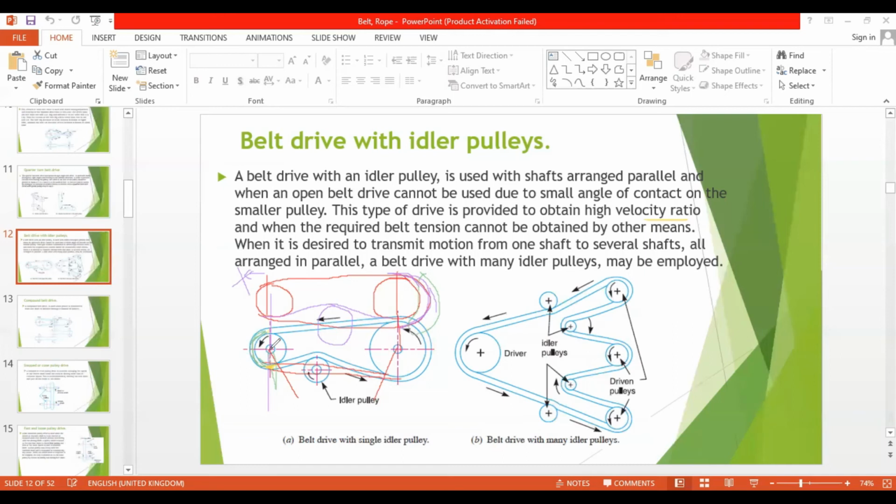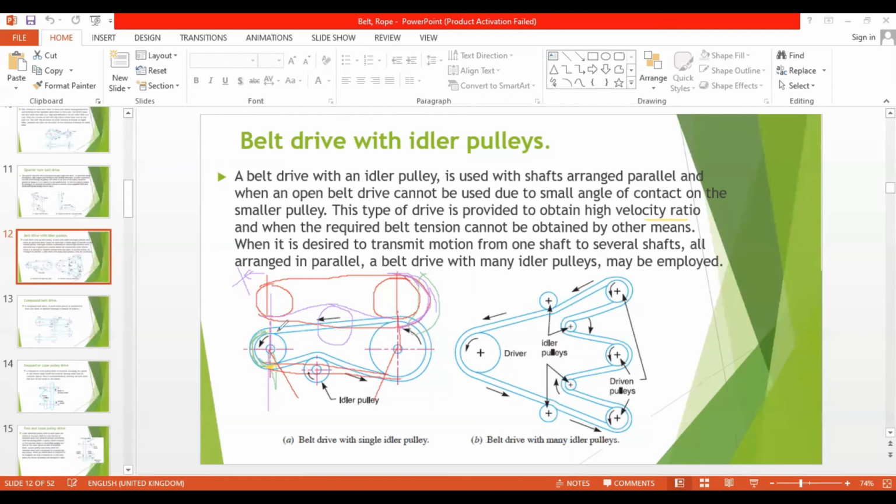If the space between the shafts is constant or confined and cannot be changed, in that case we will go for an idler in order to make small changes in the length of the belt.